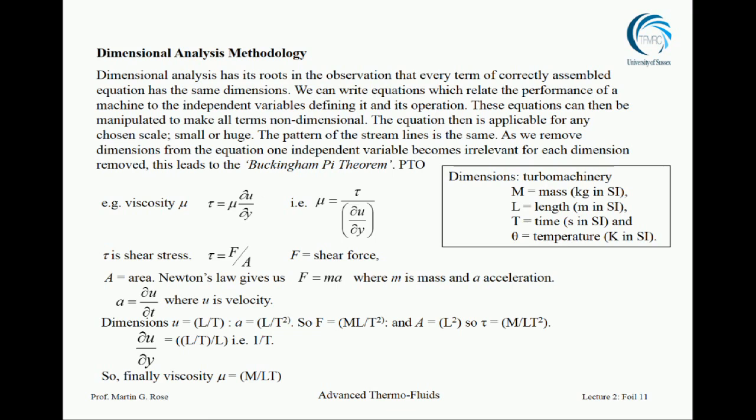And it's just basic algebra to get you down to the final statement, which is that the dimensions of viscosity are the mass divided by length and time. I invite you to check that through and confirm that it's right. If you find it's wrong, please tell me, because I will need to know. So the dimensions of viscosity are defined there. We'll use that in a couple of pages' time as part of a proof.